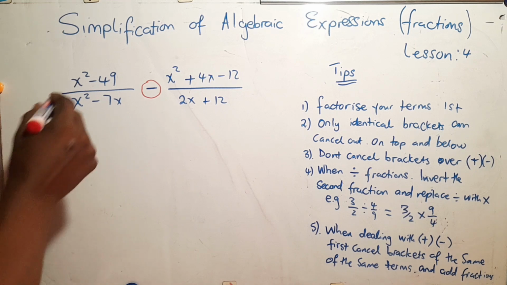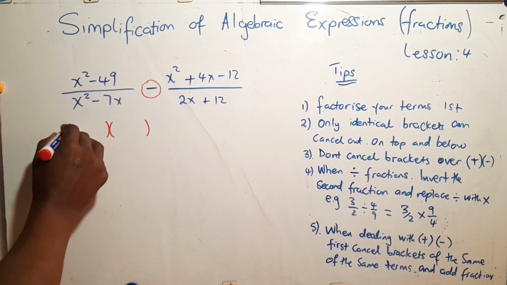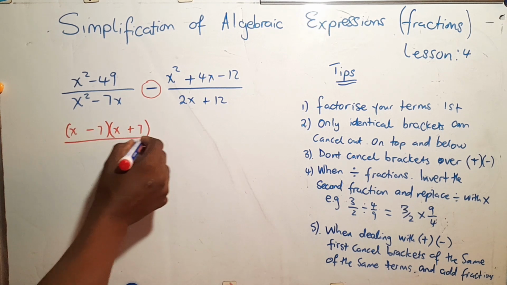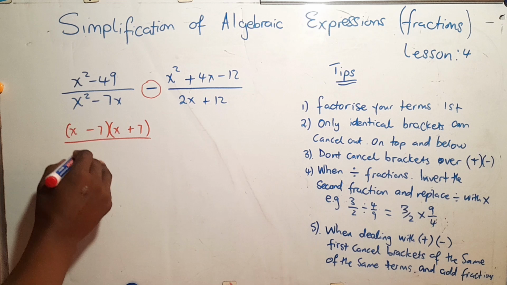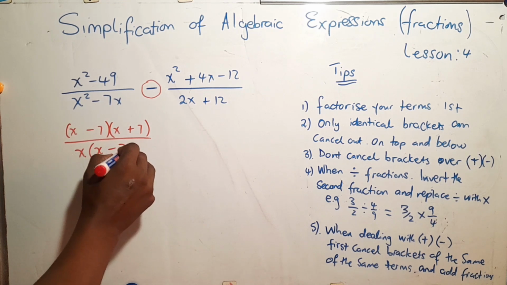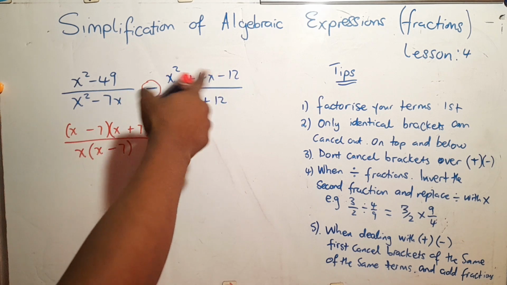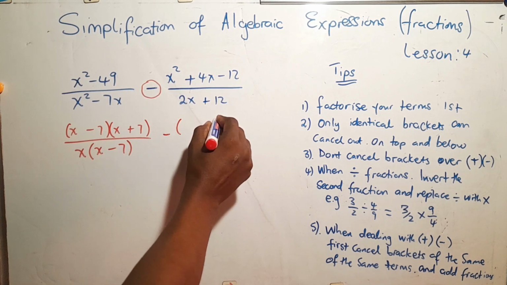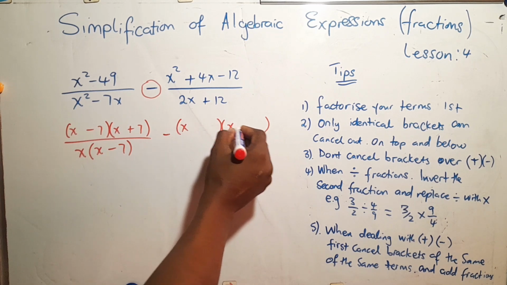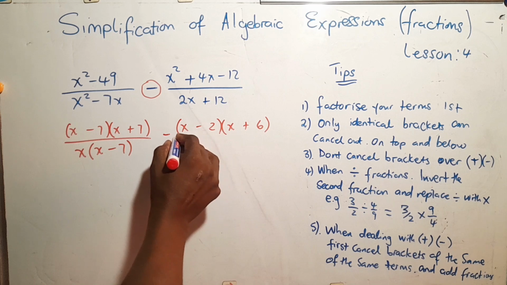So let's see now. This is the difference between two squares, so this will be just as simple as x minus 7, x plus 7. And now we can see that the common factor there is x. We can factor that out, and we'll be left with x minus 7, like that. And then here, we can factorize that quadratic like x, and then 6 and 2, plus and minus.